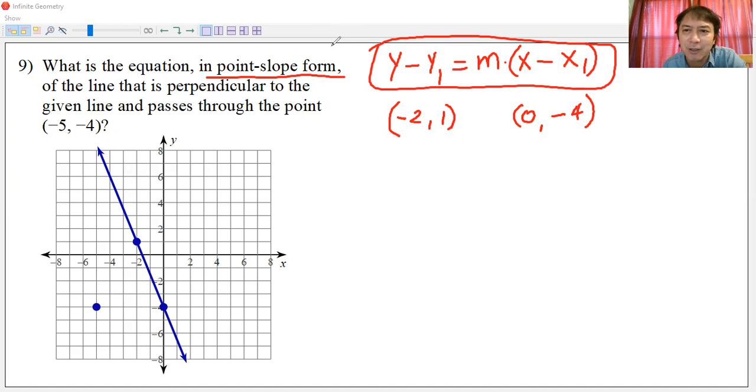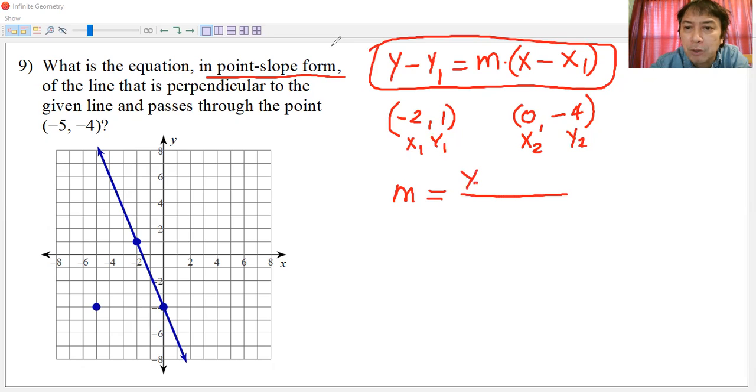So let's get the slope of the blue line first. We can denote these as x1, y1, and these as x2, y2, and then continue to compute for the slope. The same formula: y2 minus y1 divided by x2 minus x1.